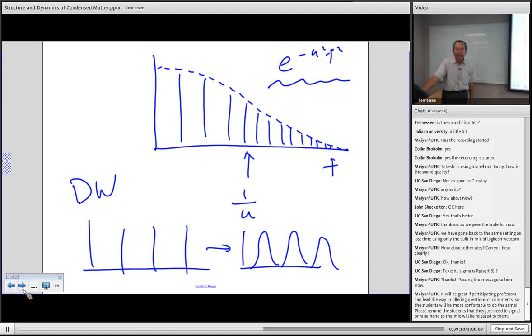This is not what happens. The thermal fluctuation does not broaden the diffraction peak. It simply reduces the amplitude of the diffraction peak. That's the Debye-Waller factor.